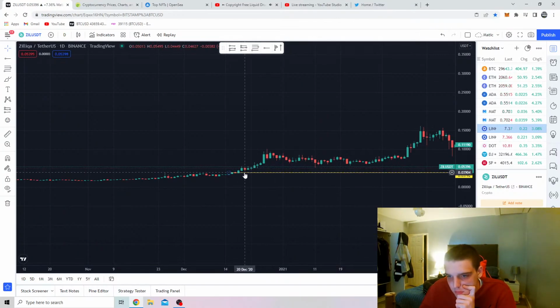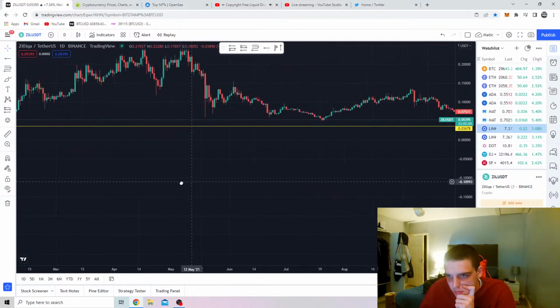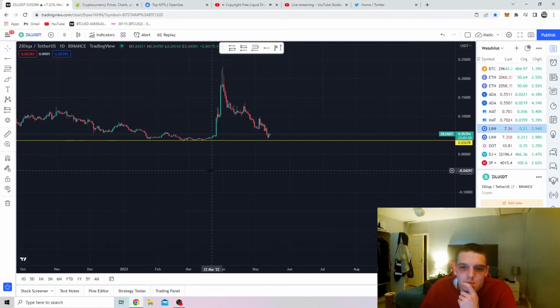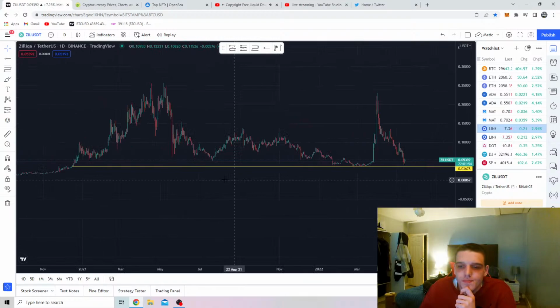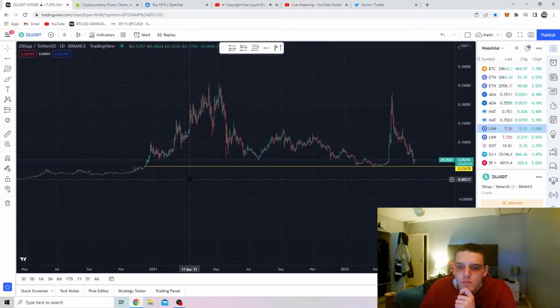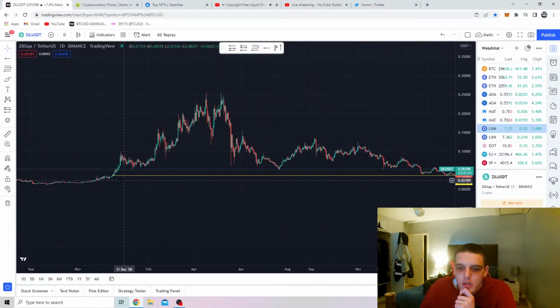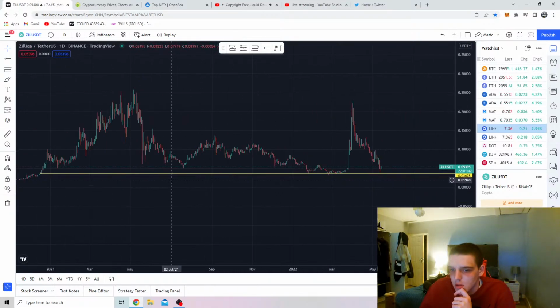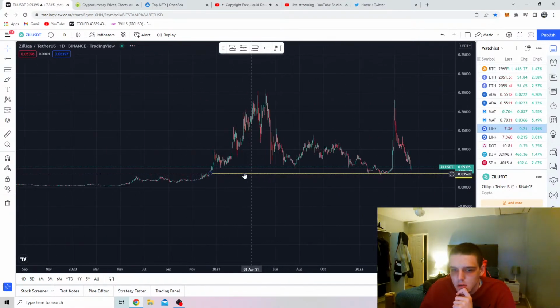Always forever, Zilliqa. Okay. So straight away you can see that this area right here, 3.6 cents, is a very respected area. Very respected.